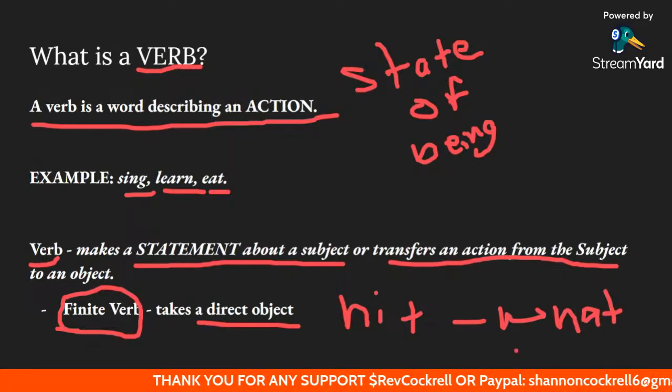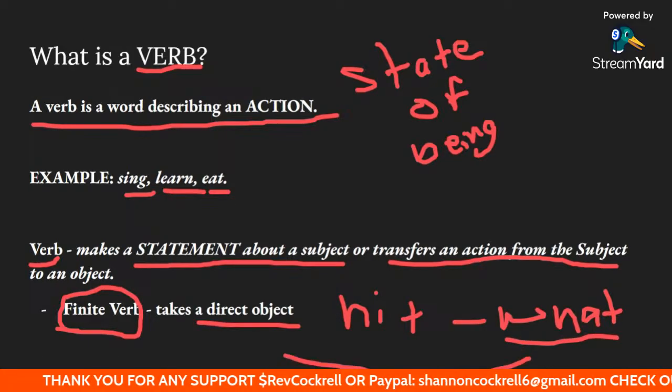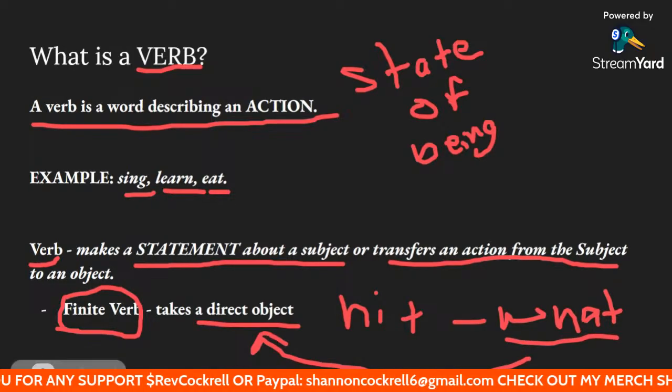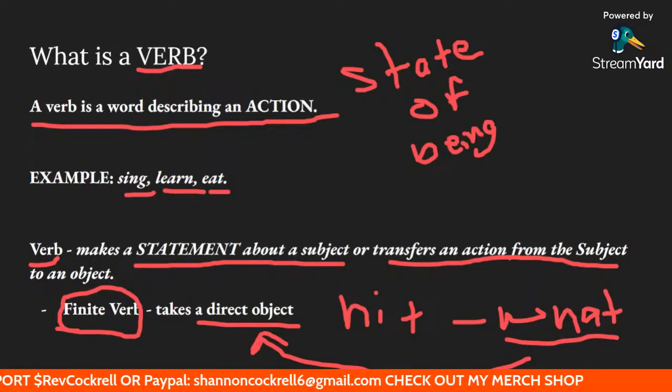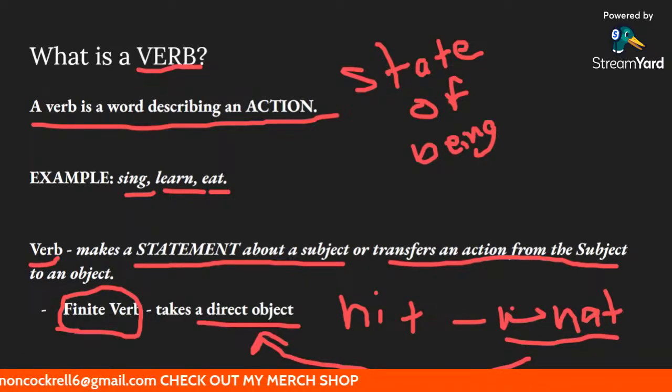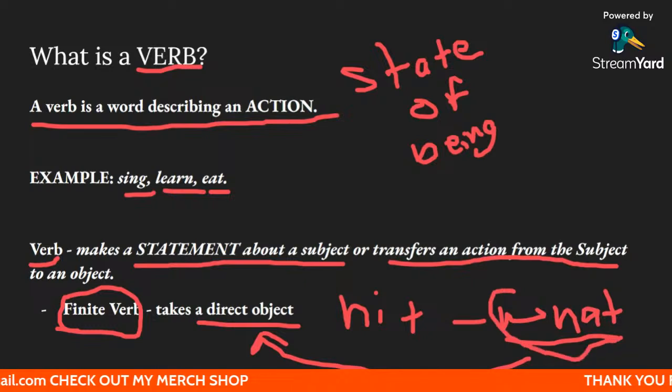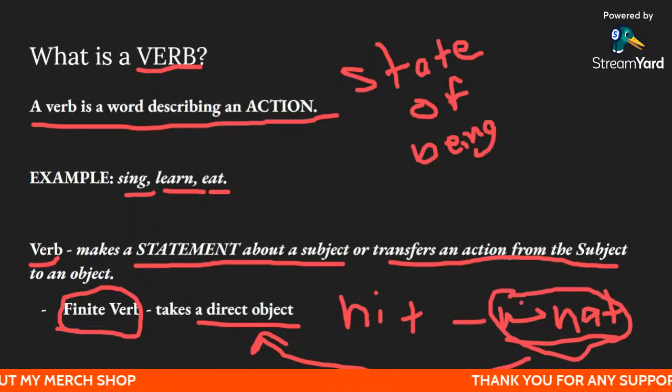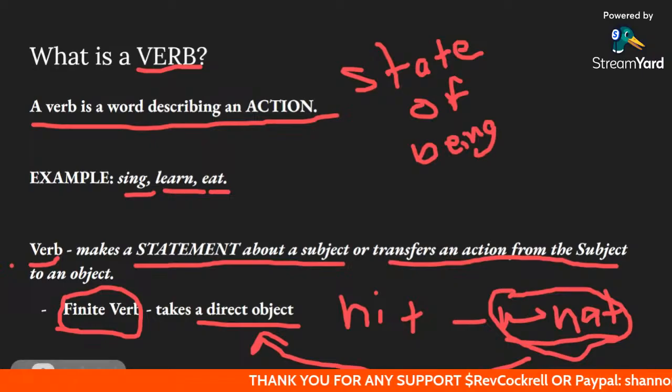What you would put in the blank would be your direct object. So, John hit the ball. John hit the man. This direct object would be in the accusative case, which we'll get to later as well.